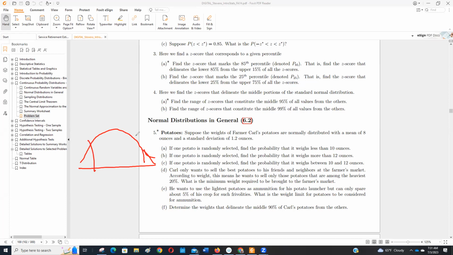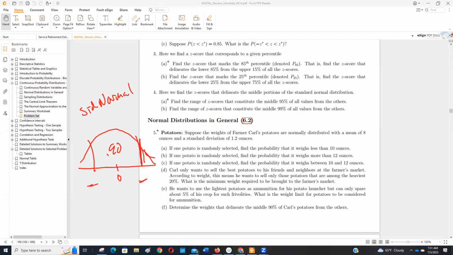I want to know what z-score cuts off the middle 90%, because I want to know what the weights are. Right now, I'm still on that standard normal curve because I'm just dealing with z-scores. That means the mean is 0, the standard deviation is 1, right? The mean in the middle. And we want to know what z-score cuts that off.